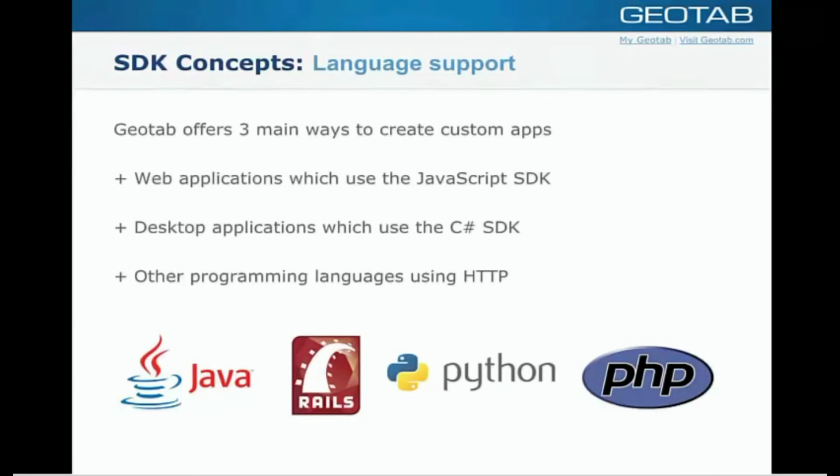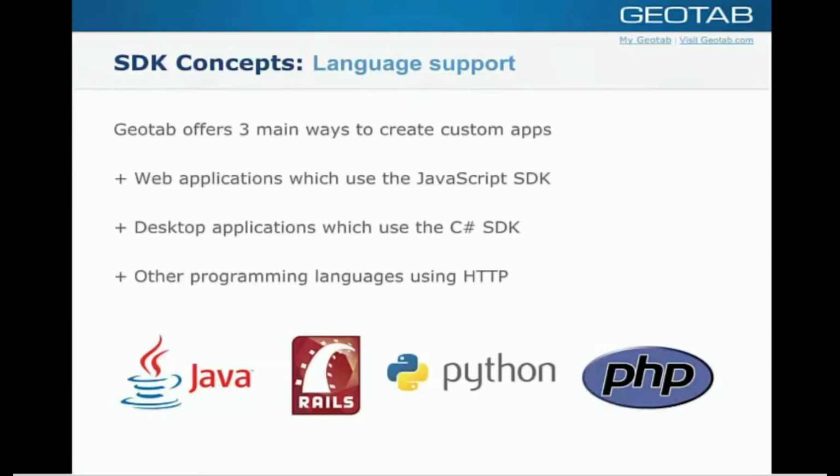So let me warn you, this is about as technical as we're going to get today. From a developer's point of view, there's multiple ways that you can start taking advantage of the SDK. We offer a package for JavaScript for web applications that you can completely just drop into your own software and start using there.